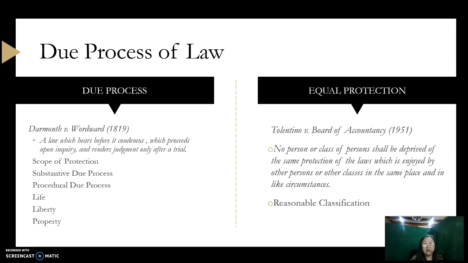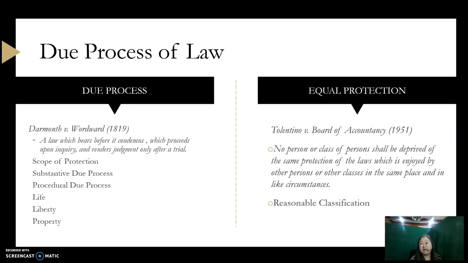So basically, this is what equal protection is all about. But in simple terms, we can say that this means that all persons or things similarly situated should be treated alike. But remember that equality here applies only among equals.